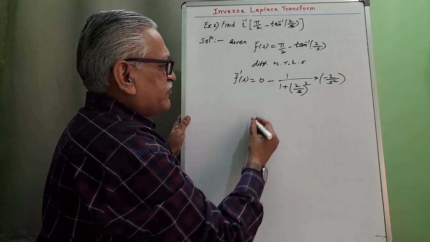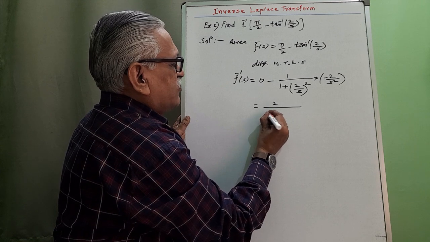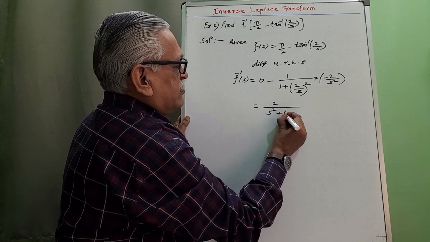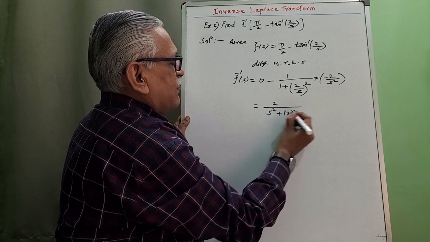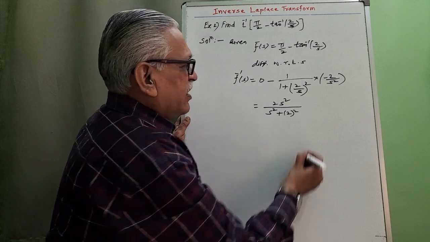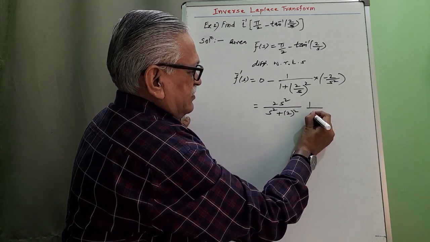Cross multiplying here we get 2 upon s square plus 2 square upon s square, that goes to numerator, therefore it becomes 2 s square into 1 by s square.